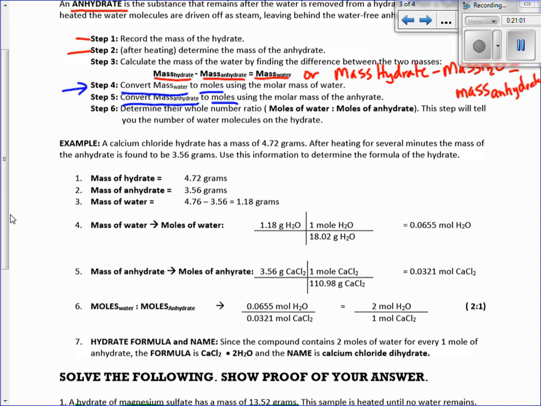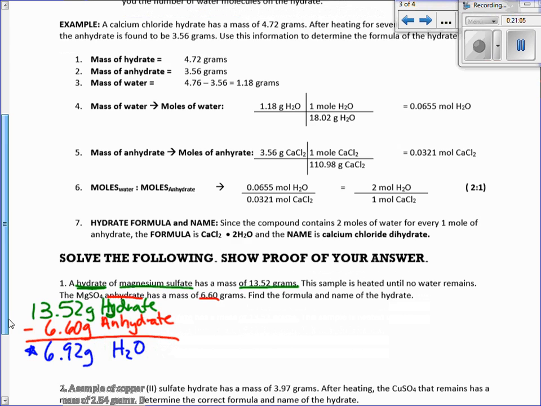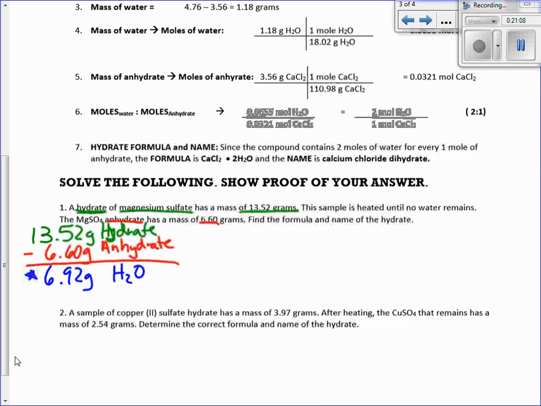So I'm going to use the molar masses to convert everything over to moles. So let's go ahead and do the water first, because we know its mass. It's easy. What's water's molar mass? You've used it a few times now, so 18.02. That one's easy to put in there.